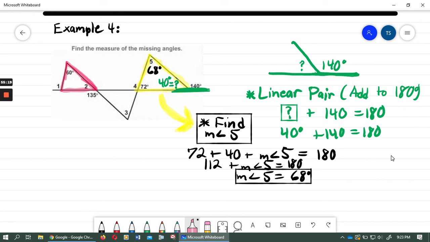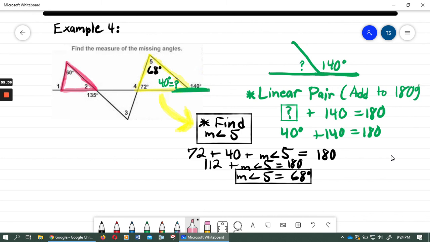All right. So this triangle right here, you see, I'm trying to color coordinate it for you, so you know where we are and what we're doing here.